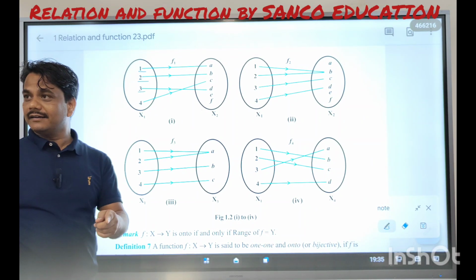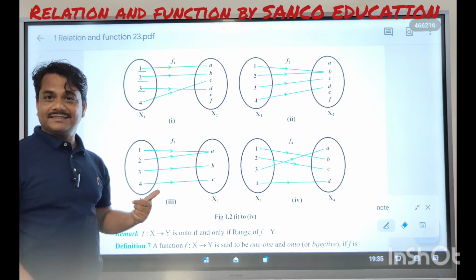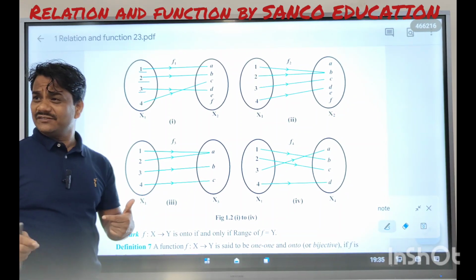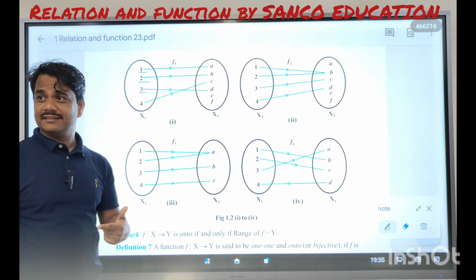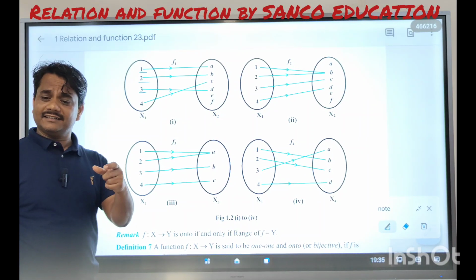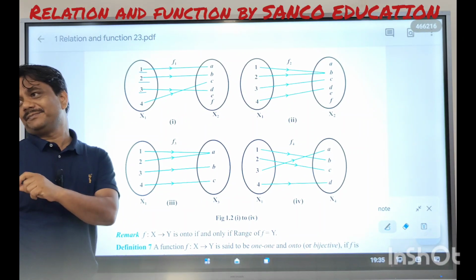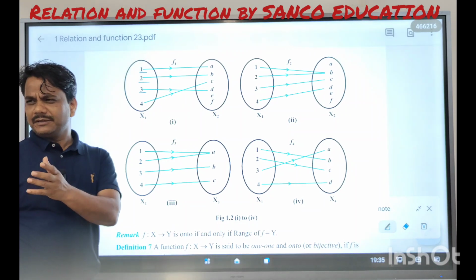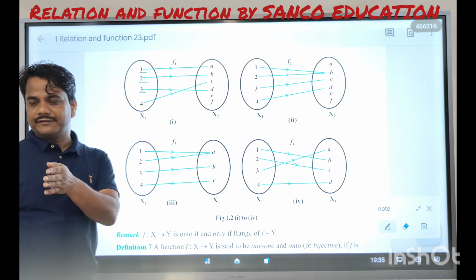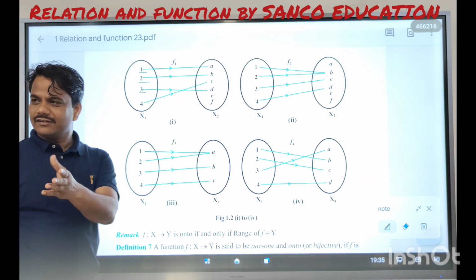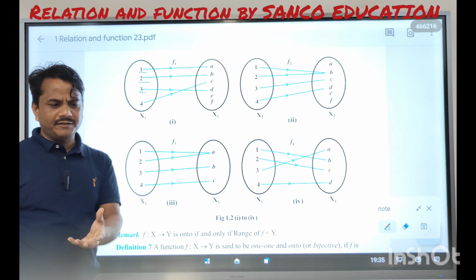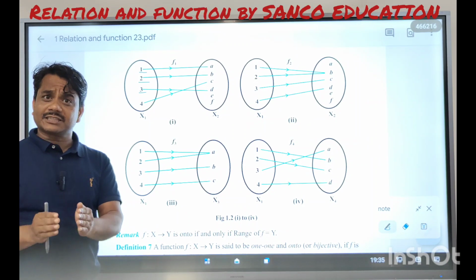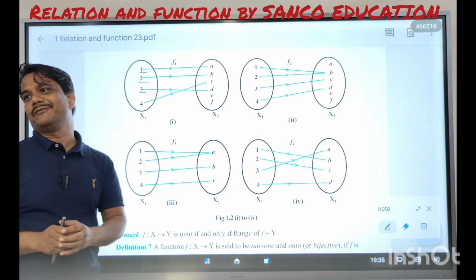A mapping under which every element of a set has one and only one image in another set is called 1-1 or injective. So can we say the real definition of a function is 1-1? Obviously, sir, at the very beginning a function is first 1-1.